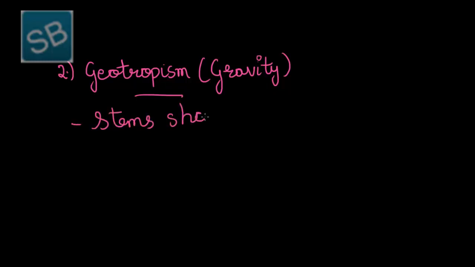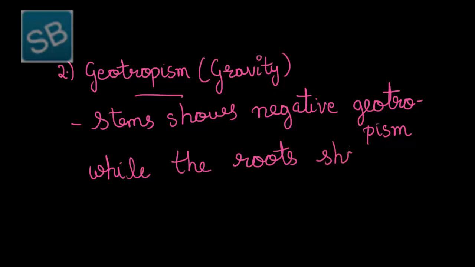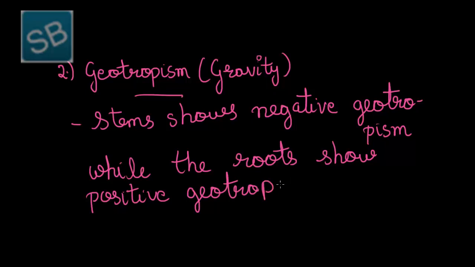That is the tropism movement caused by gravity. And so it is obvious that here stems would show negative geotropism, while the roots show positive geotropism, since the roots grow towards gravity while the stems are located against gravity.